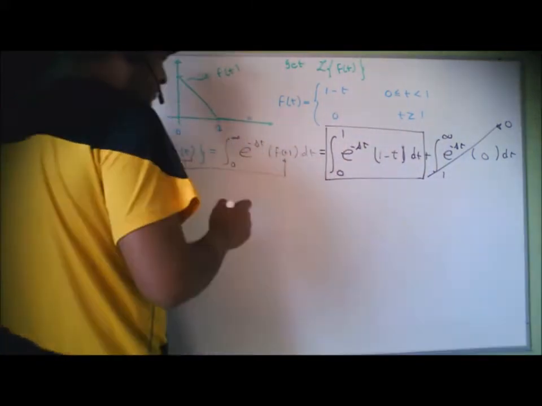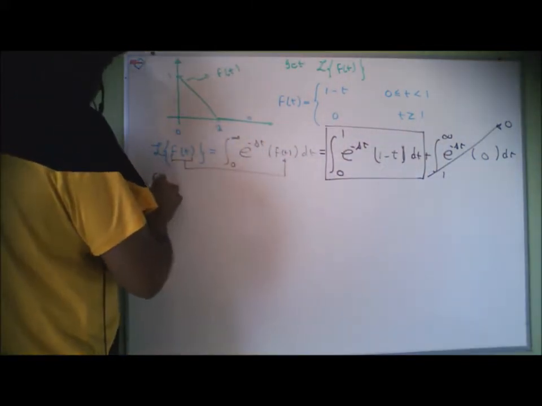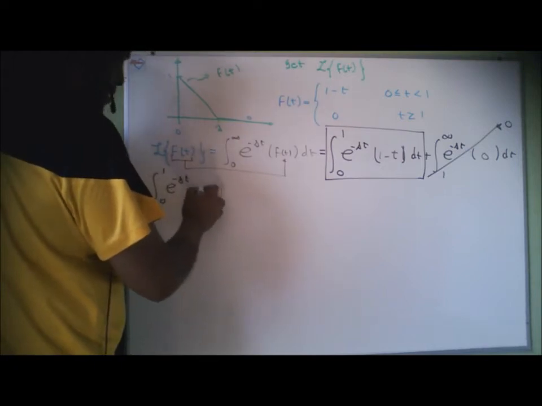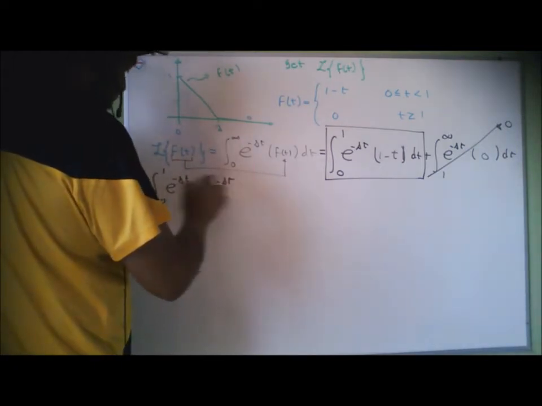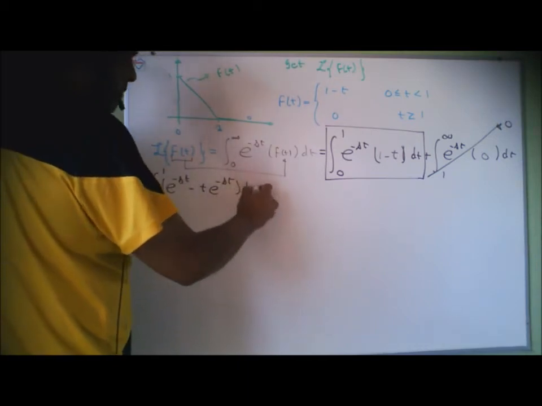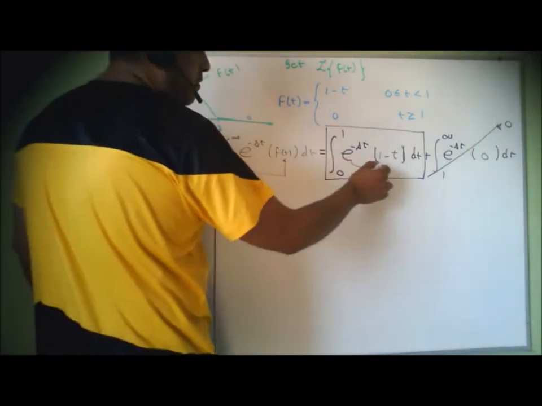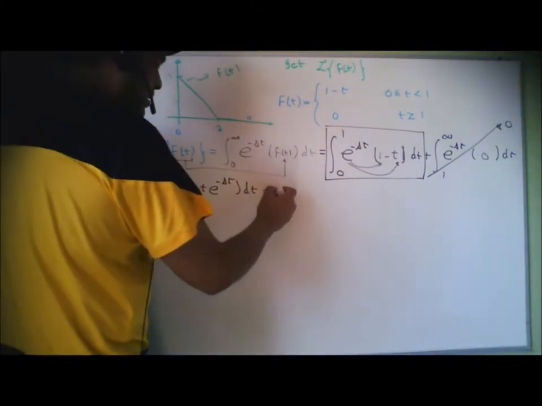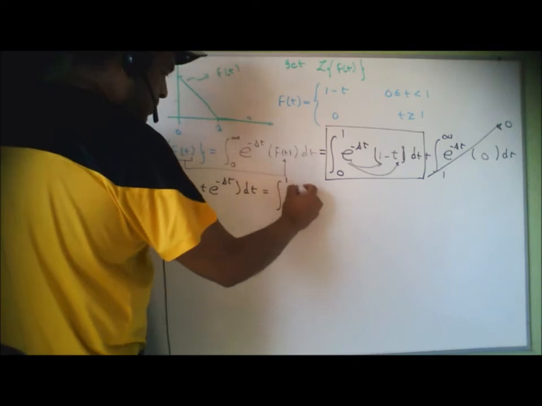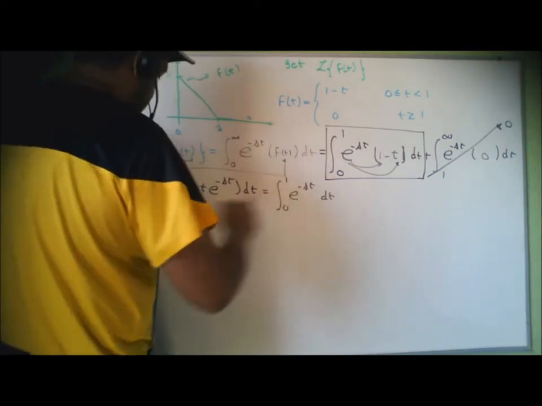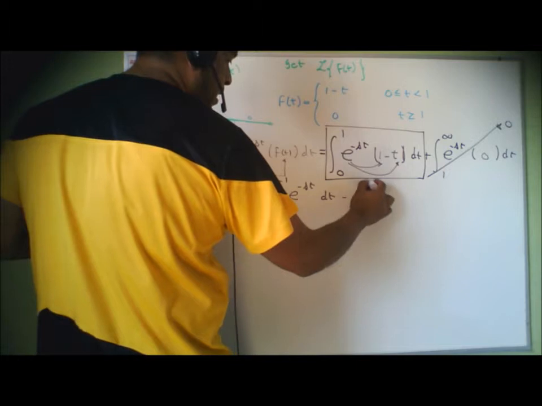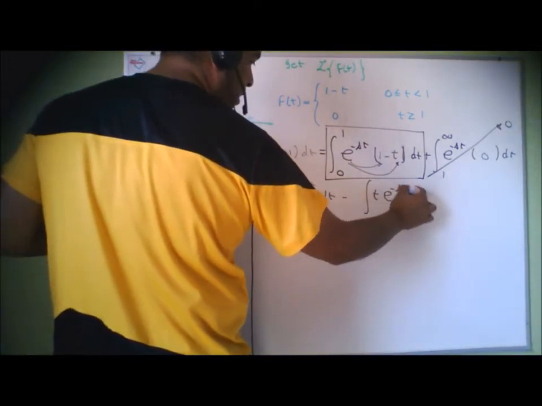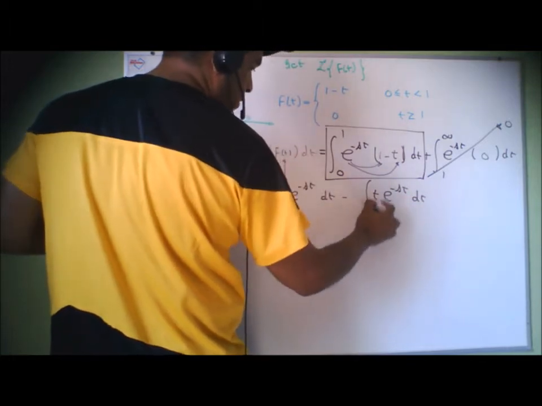So let's do it. It's going to be the integral from 0 to 1 of e to the minus st, and then minus t e to the minus st, dt. Now I have multiplied this times this and this times this. So we have the integral from 0 to 1 of e to the minus st dt, and then minus the integral of t e to the minus st dt, from 0 to 1.